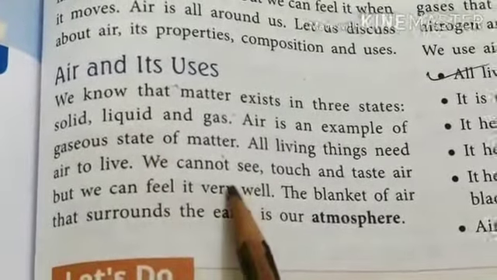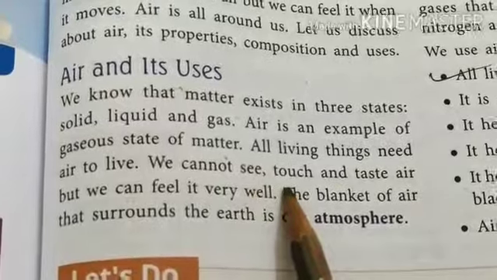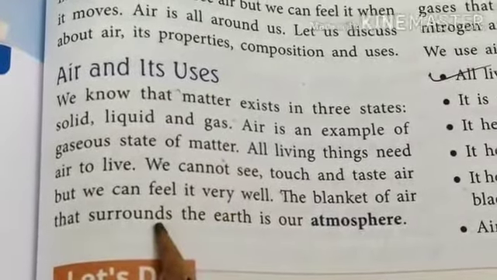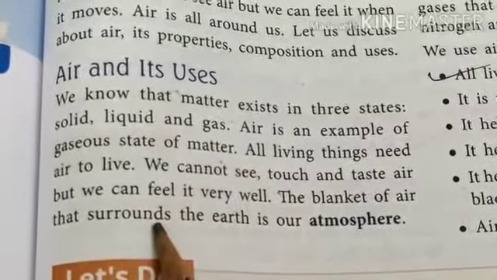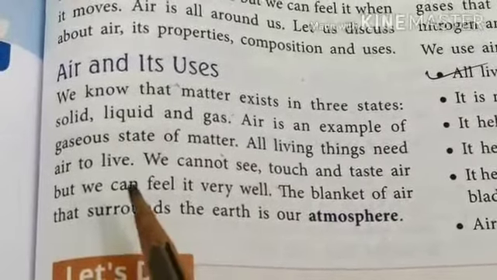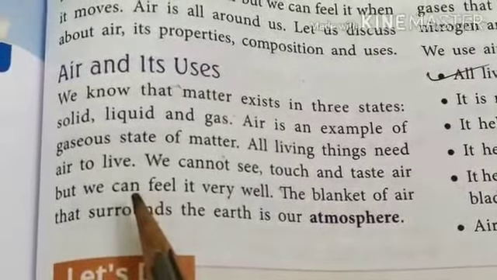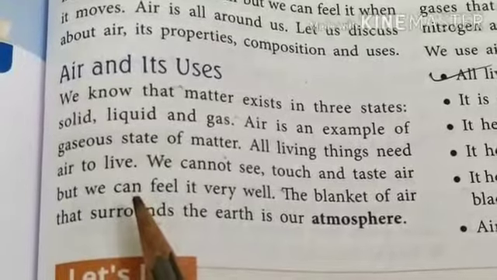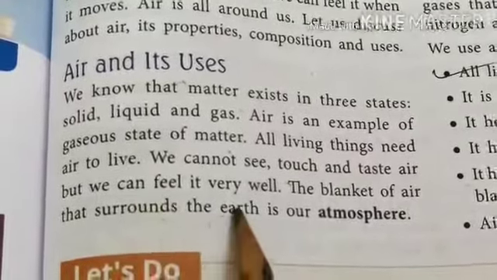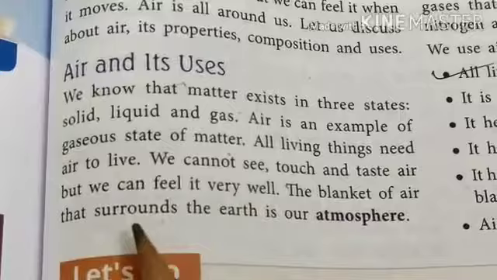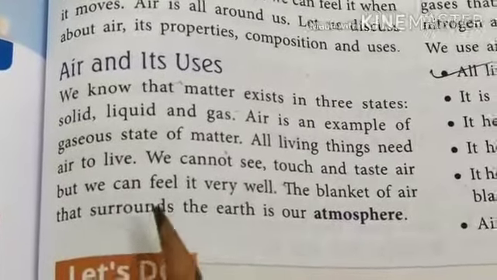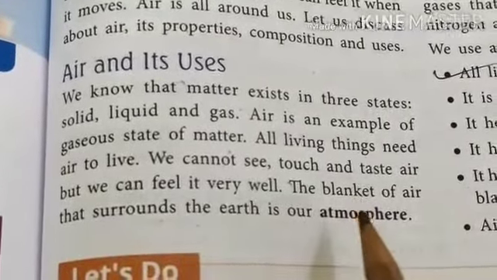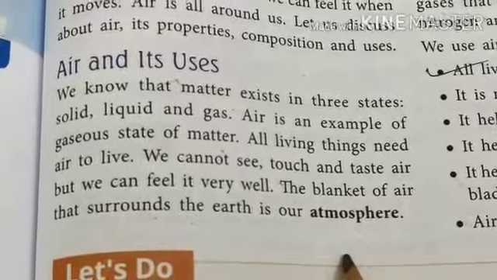We cannot see, we cannot touch, we cannot taste air, but we can feel it. And as you have learnt before also, there is a full blanket of air around the earth, and this blanket of air that surrounds the earth is called atmosphere.